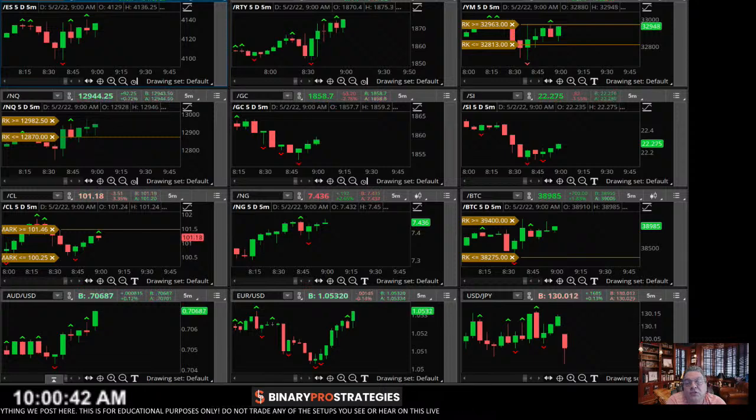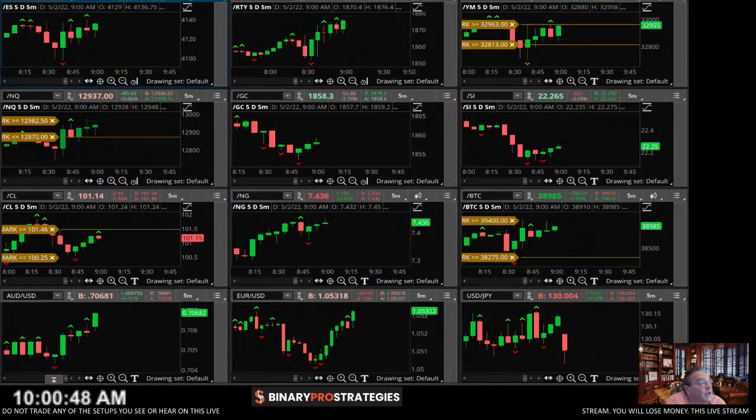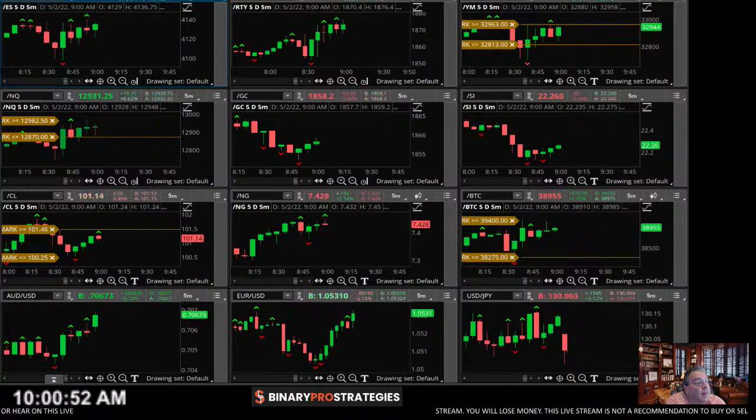Couldn't even get into the shorts, already taken off to the buy side. Once again, just stay out. Don't get in. Don't reverse. Don't go long.